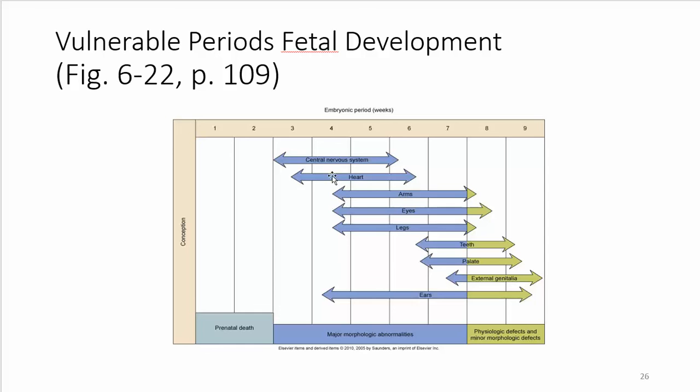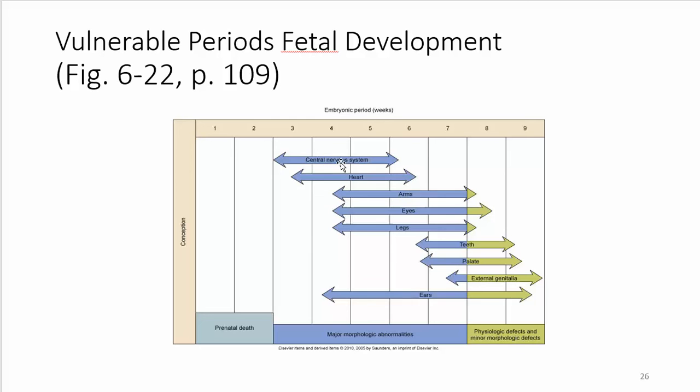So when we look here, the central nervous system is a very early system to develop, and it basically gets laid down between the beginning of week 3 and middle of week 6. So that's when the nervous system is vulnerable to a teratogen.